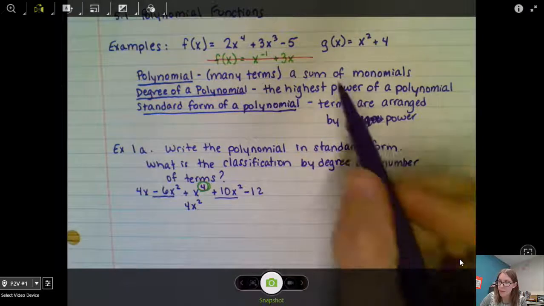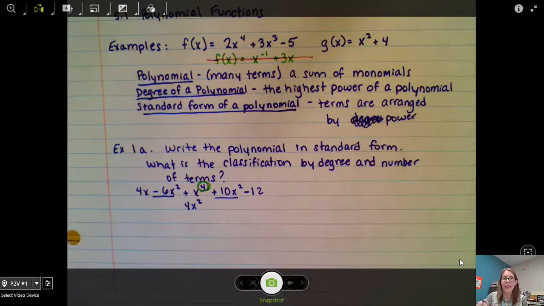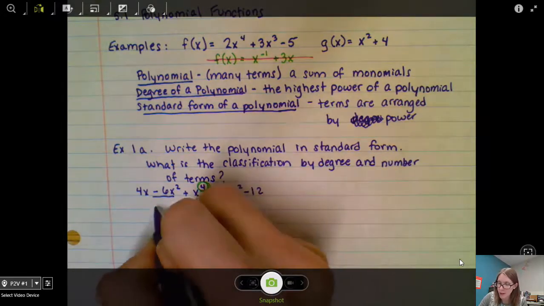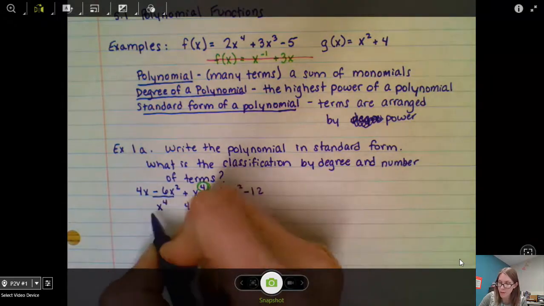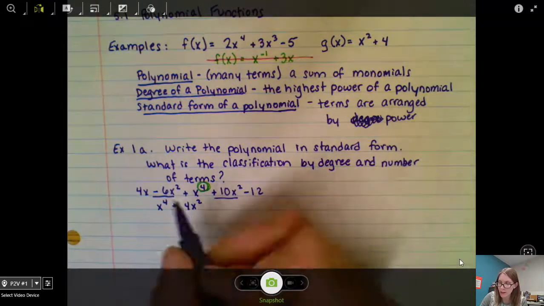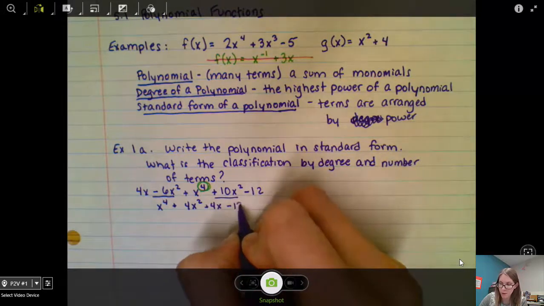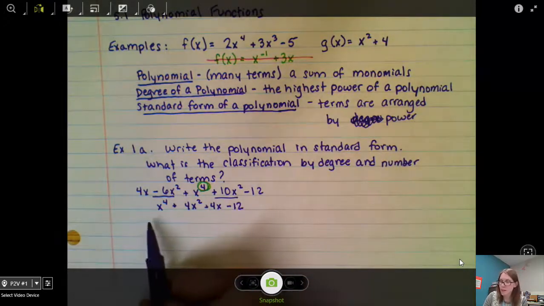Standard form, my terms are arranged by power. So our highest power comes first, and then we go to our next highest power, and so on. So my term with the highest power is x to the 4th, plus 4x squared would be next, and then I have plus 4x minus 12. So this would be standard form.